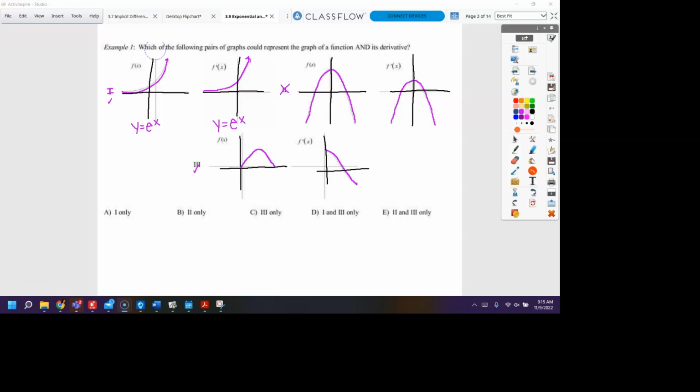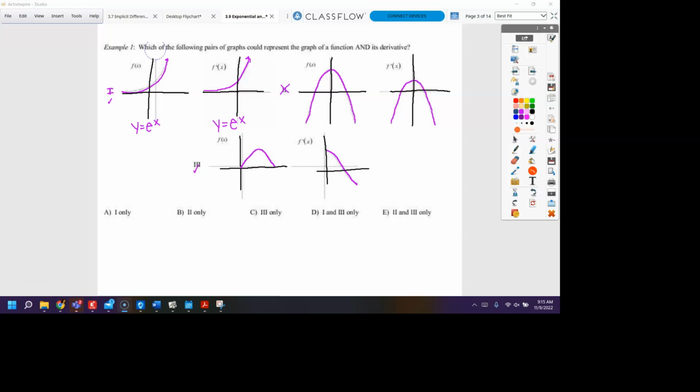Great. So it says, which of the following pairs of graphs could represent the graph of a function and its derivative? So going back to graphs of derivatives and functions, we know that if a function is increasing on its original, the derivative has to be positive. If it's decreasing on the original, then its derivative has to be negative. So in this first example, this is increasing.